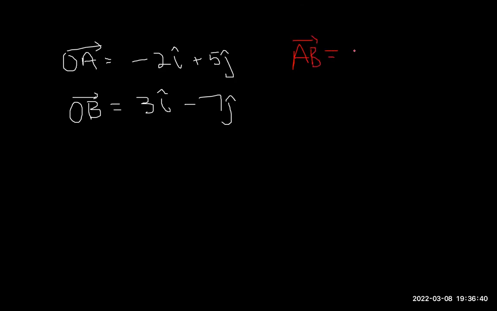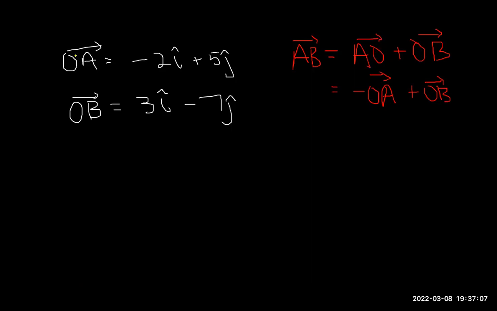would be equal to AO plus OB. And like the many examples we did before, we know that now AO would be changed to minus OA plus OB, and from there you substitute accordingly.